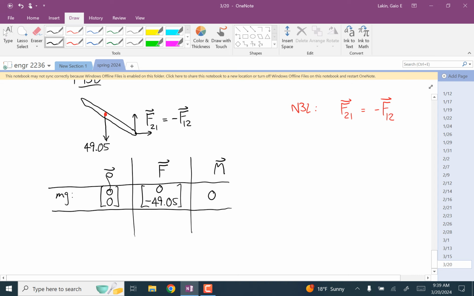And now we'll do it for negative F12. The rho vector goes from the about point to the point of interest, or the point where the force is applied. So it's that vector.